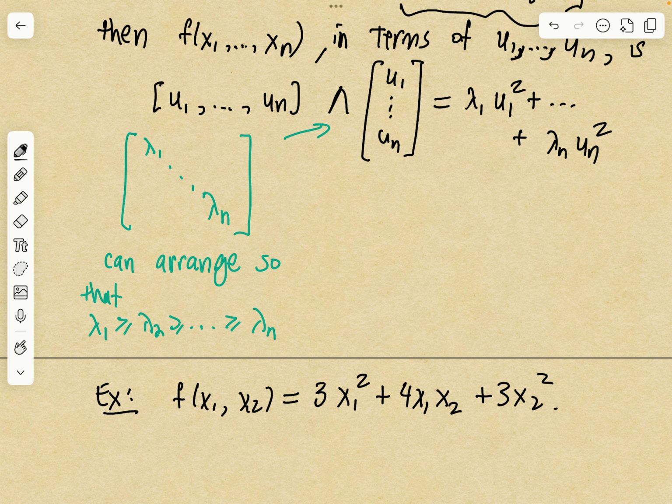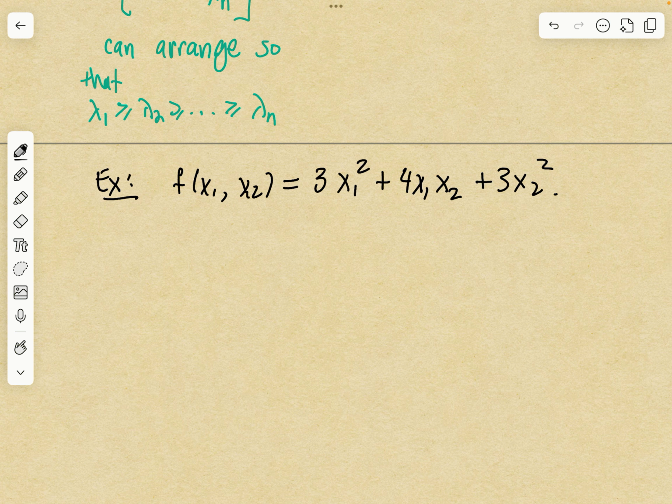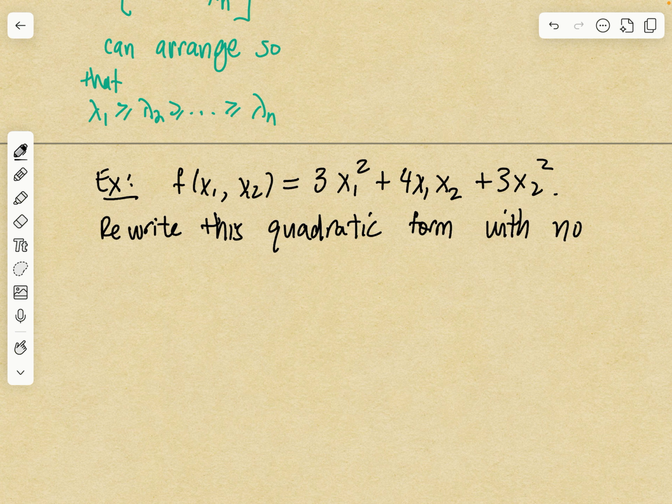And that's what we're going to do with this one. Right now, the variables are not separate because you have this x1, x2. And so the question is to rewrite this quadratic form with no cross terms.